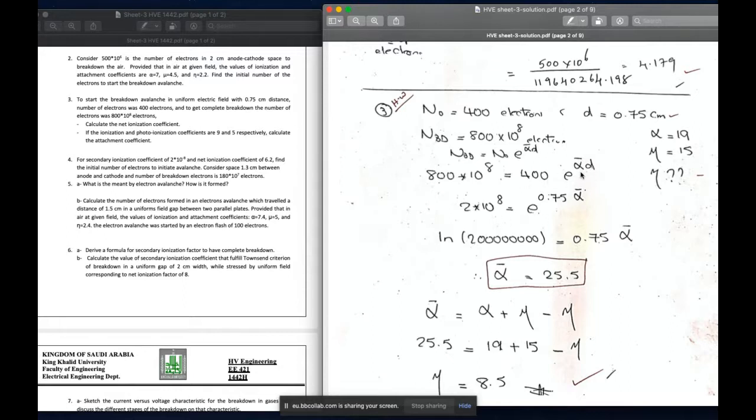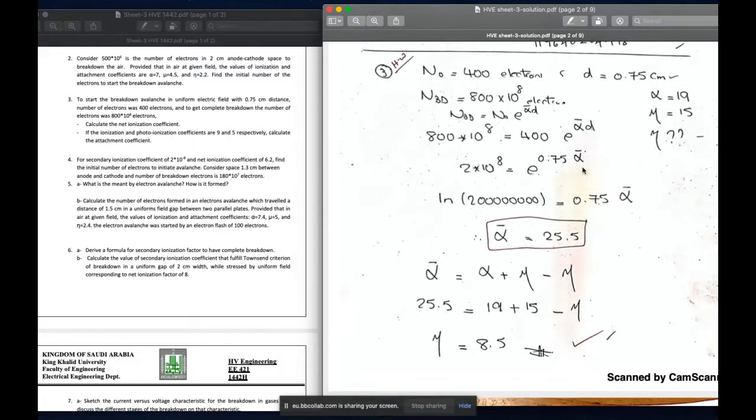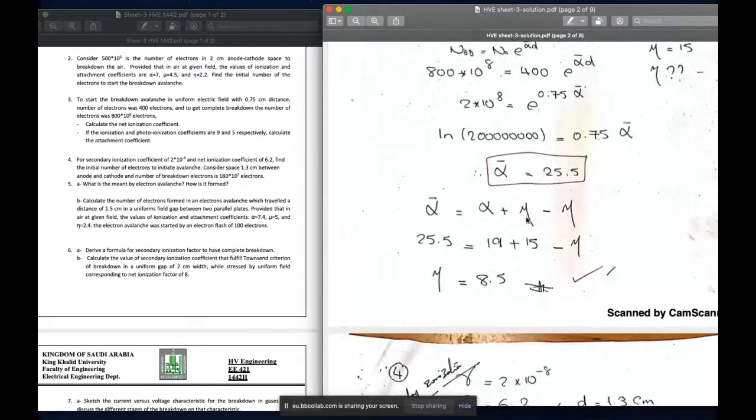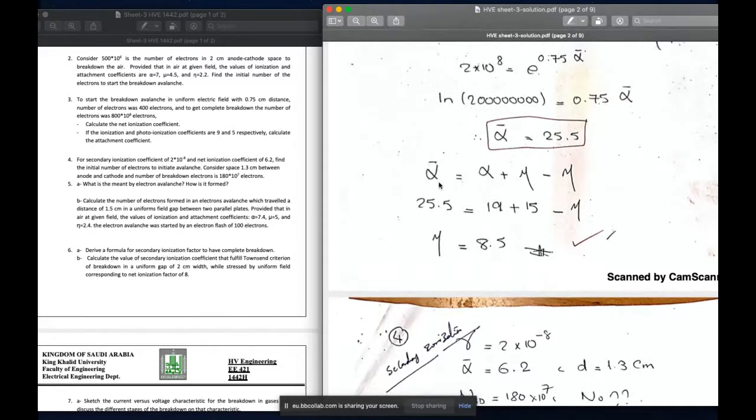So e power alpha bar d will be 2 into 10 power 8. From this, if I substitute d and apply the natural logarithm on both sides, I will get alpha bar as 25.5. So when I know alpha bar is alpha plus mu minus eta, from this I can calculate mu, which will be equal to 8.5.